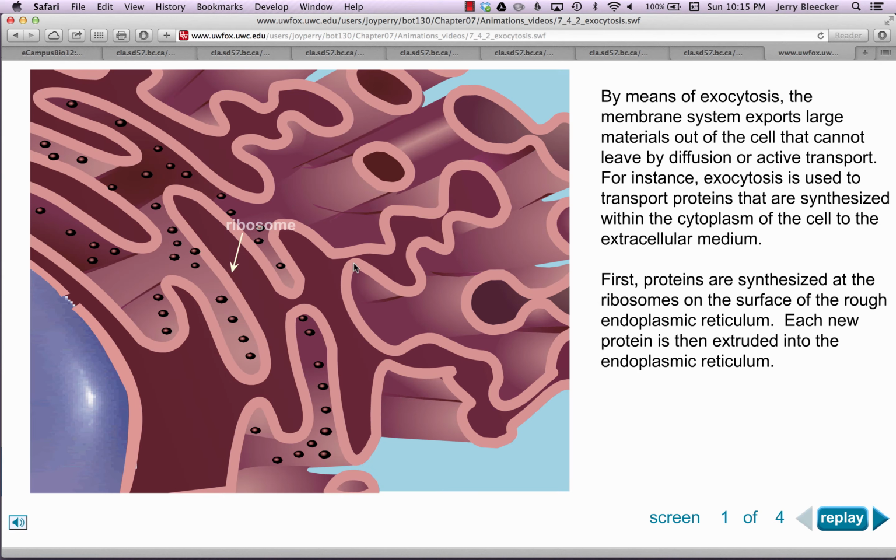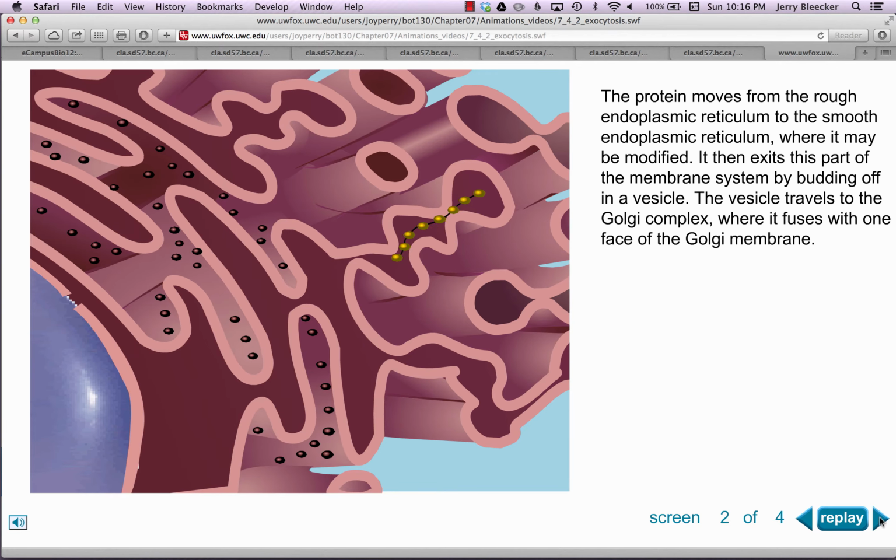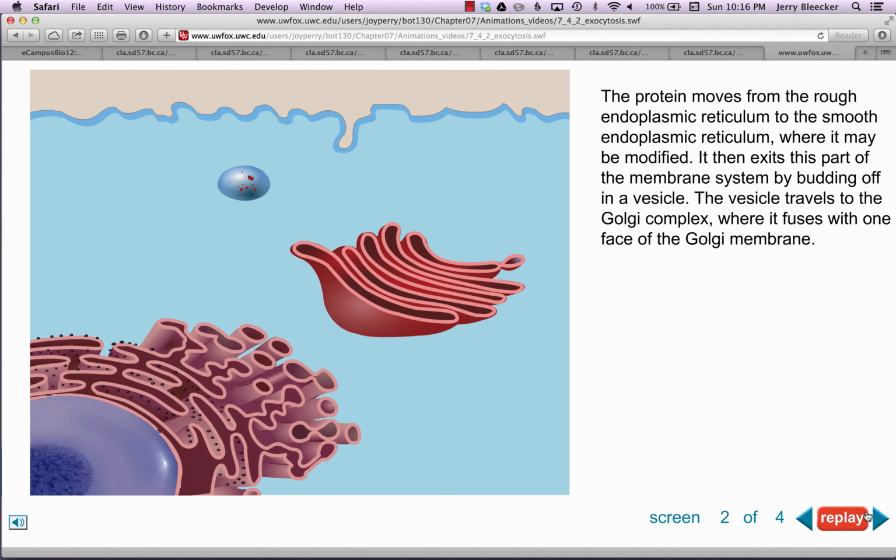So there is that protein going through the rough endoplasmic reticulum, and it goes to the Golgi complex for a little bit of packaging. Once the Golgi has processed it, here it is traveling through, it forms this little vesicle. And when it leaves, it will head for the edge of the cell membrane.